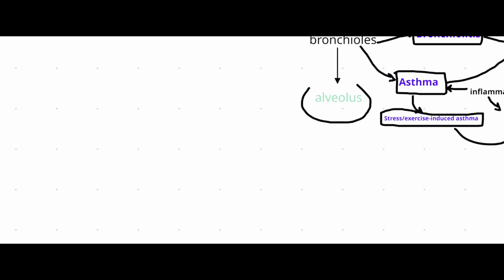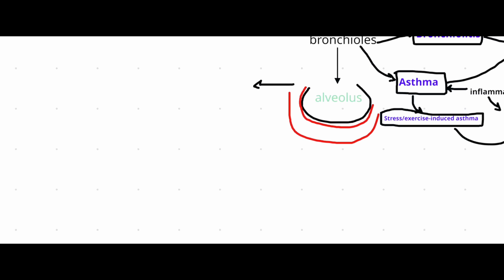All alveoli are surrounded by pulmonary capillaries, and that's how O2 goes in, CO2 goes out. Let's talk about the different issues that can happen here, beginning with something acute.